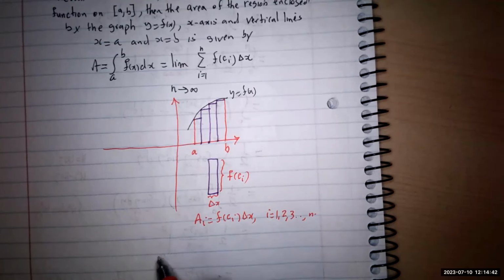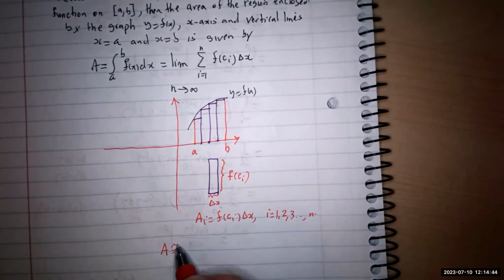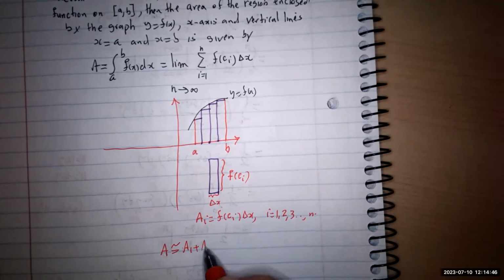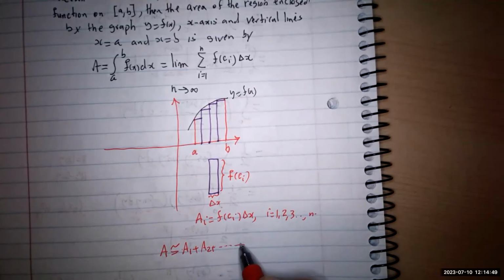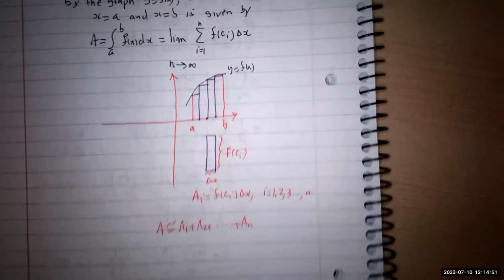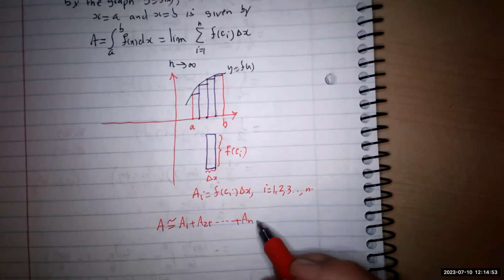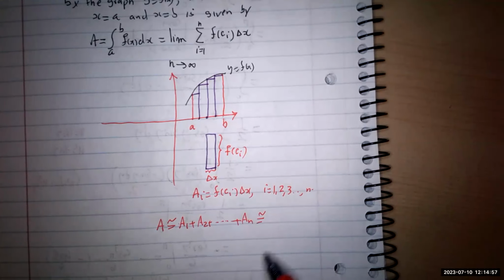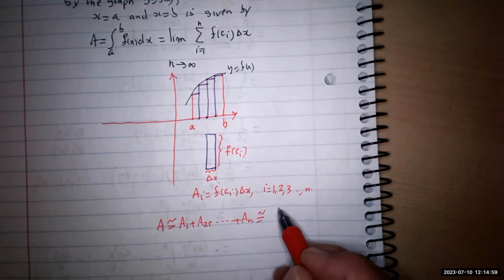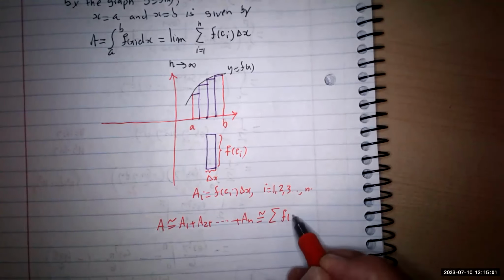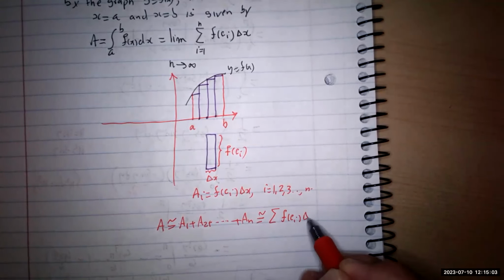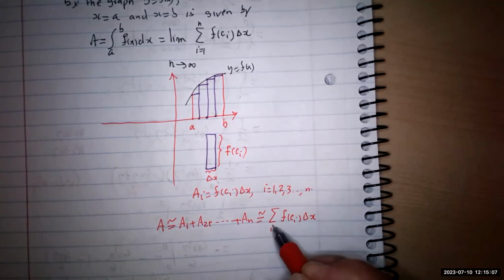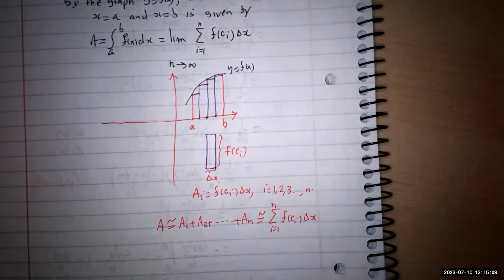So then your area is going to be approximately the sum of the areas of those partitioned rectangles. Since each of them is f of ci times delta x, the area would be estimated by the sum of f of ci delta x, i from 1 to n.